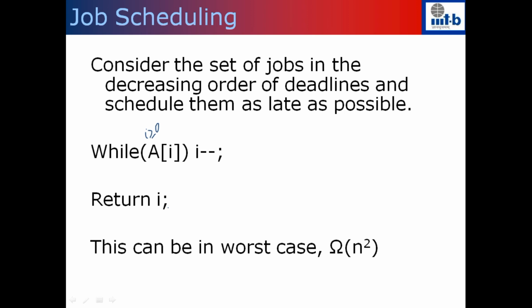In other words, the f of n that we described in the is independent function can be as bad as order n. So sorting the jobs based on the deadlines takes order n log n, plus n into this single iteration, which can take order n time. So the entire complexity of this algorithm can be, in the worst case, omega of n square.